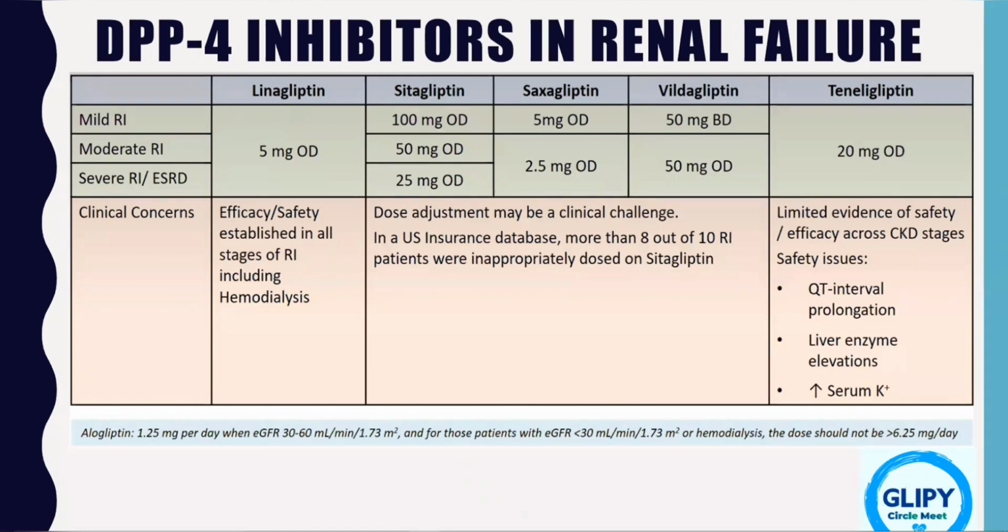There is a problem with QT prolongation, liver enzyme elevations, and even hyperkalemia. So we better avoid using teneligliptin in patients who have significantly impaired GFR, say below 50 or 60 ml per minute. However, dose adjustment may be required, and it is often required when we are trying to use vildagliptin or sitagliptin.